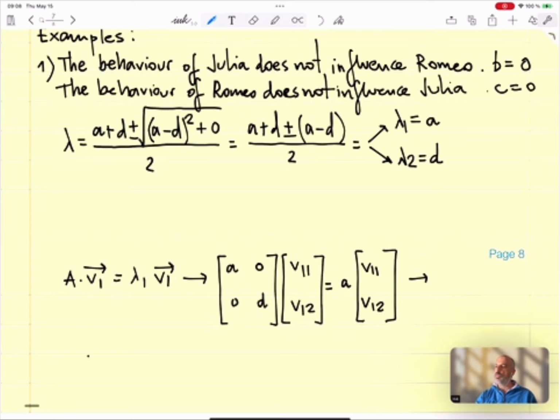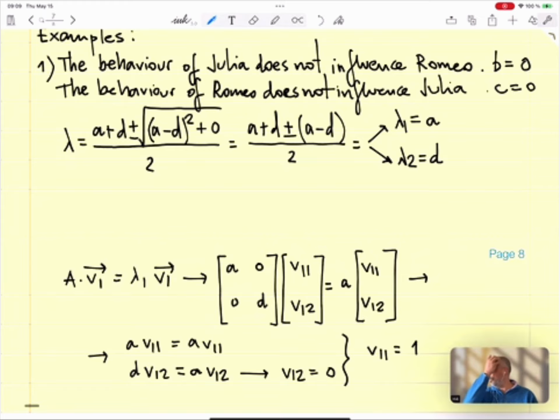For the first eigenvector, we have A V11 equals A V11, and D V12 equals A V12. Okay, so from here we can say that V12 needs to be 0. So V11 can be, let's say, 1.